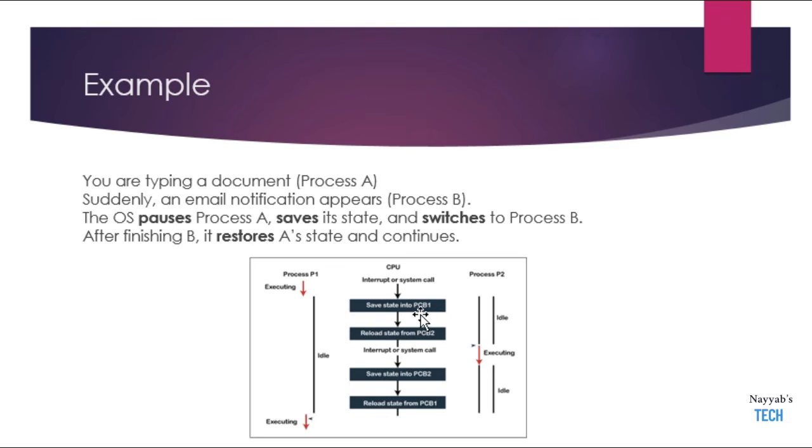That means it saves the state of typing the document and reloads the email notification. Then again an interruption or system call happens when process B completes its task, so it will save its state and reload the state of process 1. In this way context switching happens.